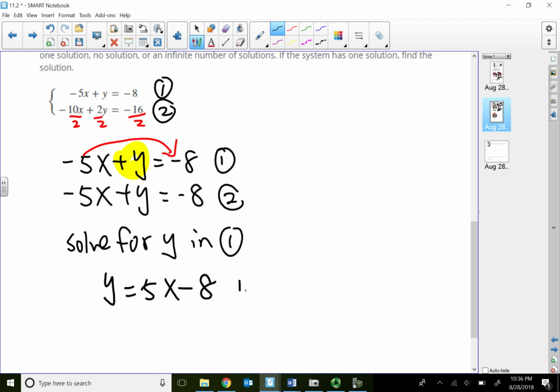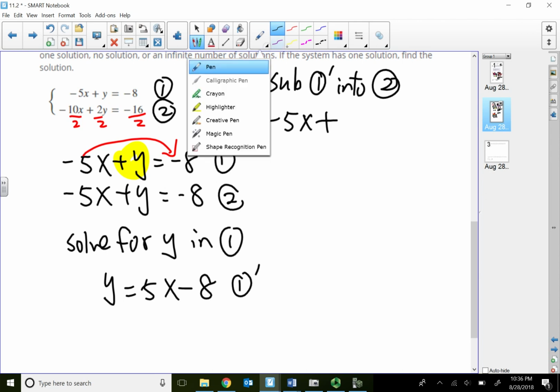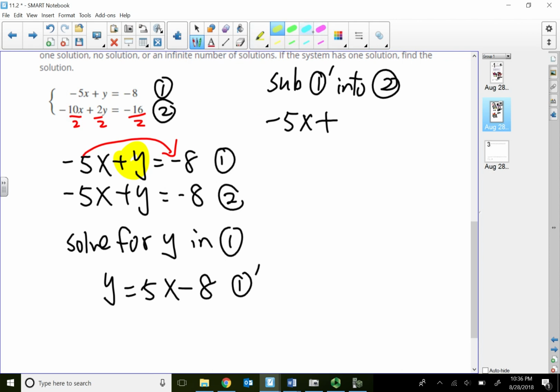All right, let's call this first equation prime because now I'm going to sub my first equation prime into the second equation, right? Always go to the other equation. Now the other equation almost says negative 5x plus y. Now it will say negative 5x plus, I'm substituting my y in the second equation with 5x minus 8.